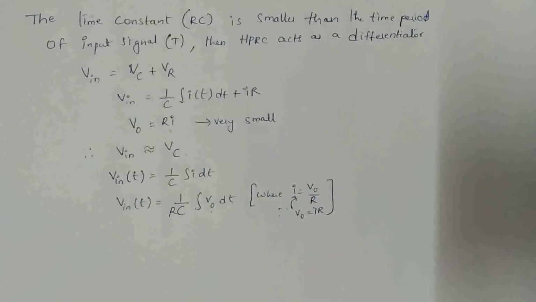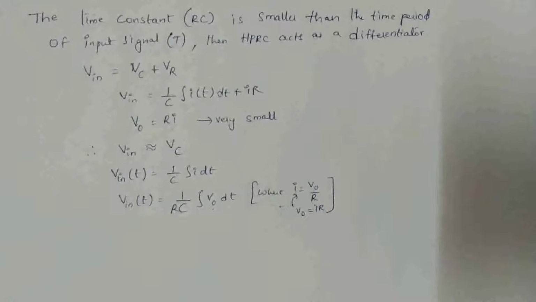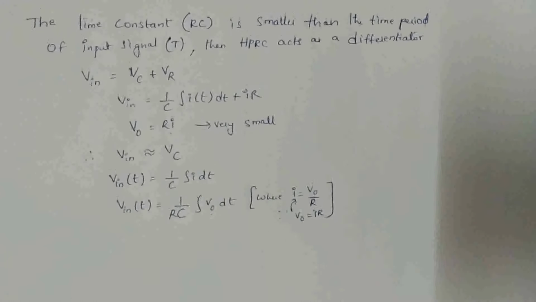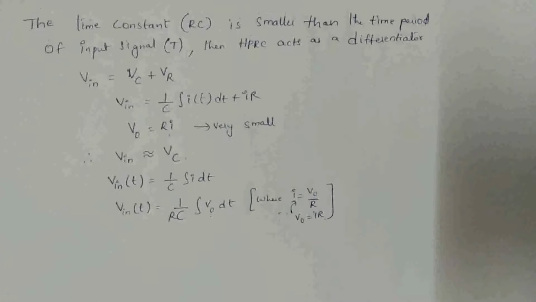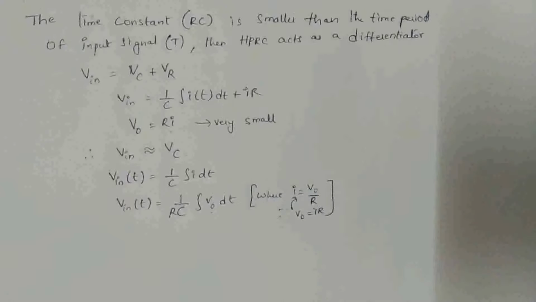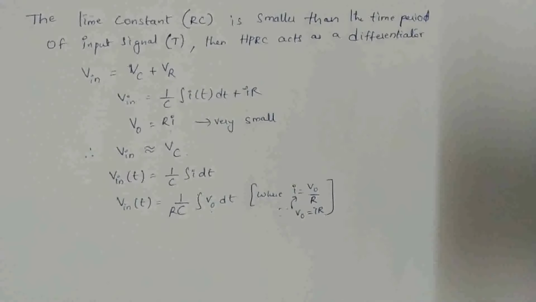Okay, so now differentiate on both sides in order to get the output. So in order to get the output voltage, differentiate on both sides. Now it will be represented like this.